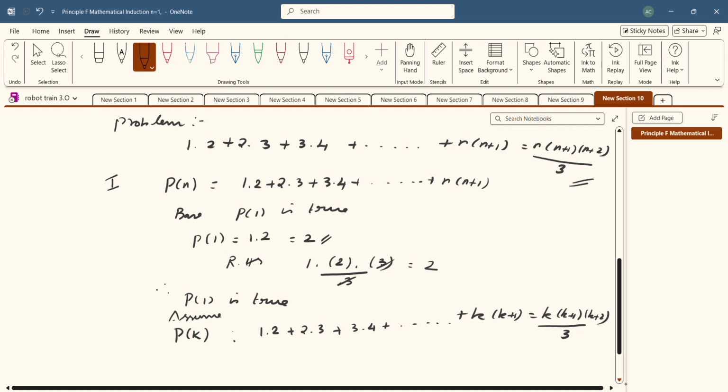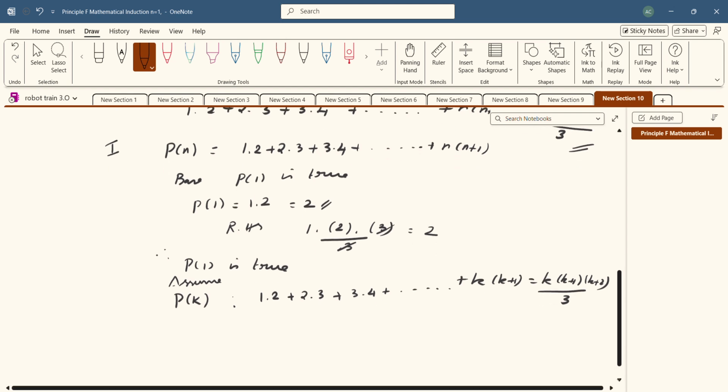We assume this. What about the third step, the inductive step? We use this assumption to prove that P of k plus 1 is also true.